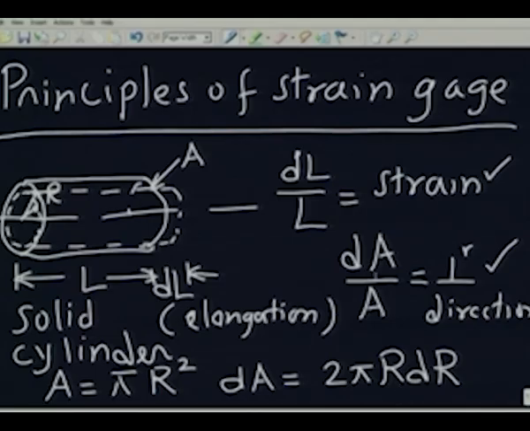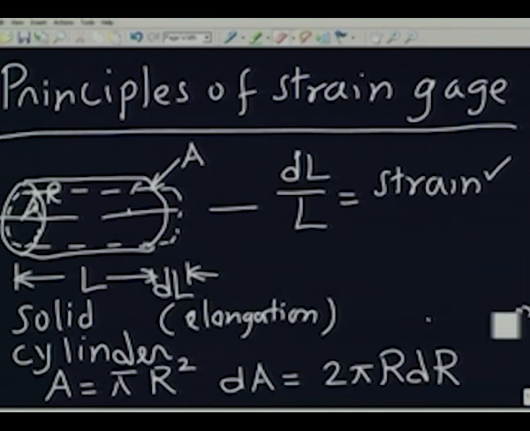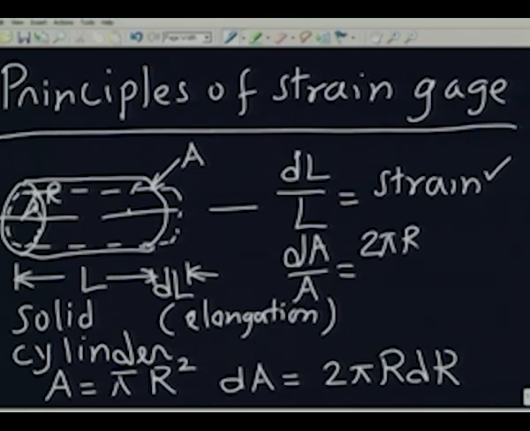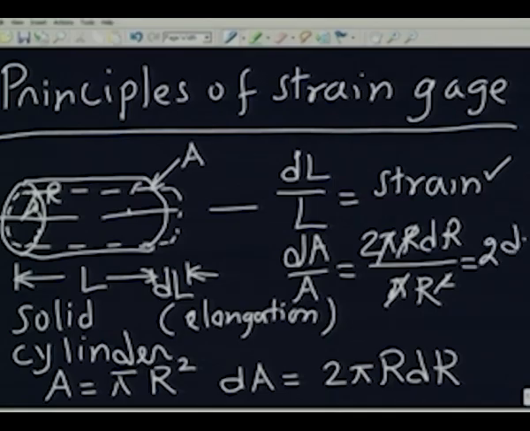Therefore, what I want is dA by A. So, I can write dA by A by dividing. dA is 2 pi r dr divided by pi r squared. So, pi will cancel, one r will cancel, it is 2 dr by r, a very interesting and important thing to remember.